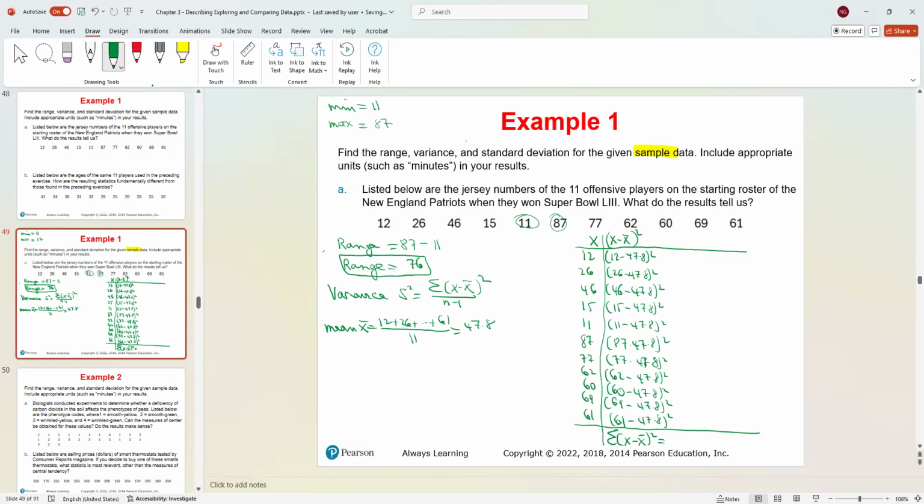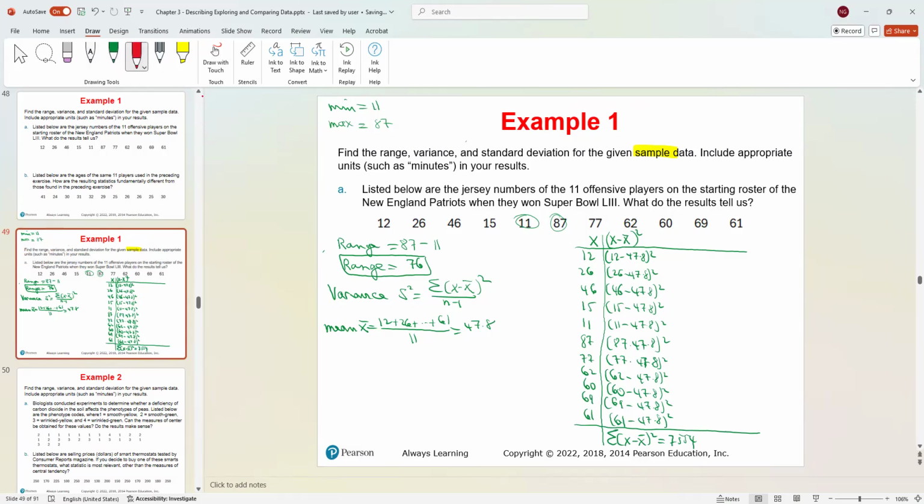Let me grab my calculator. The final sum, the big number here, would be 7,554.